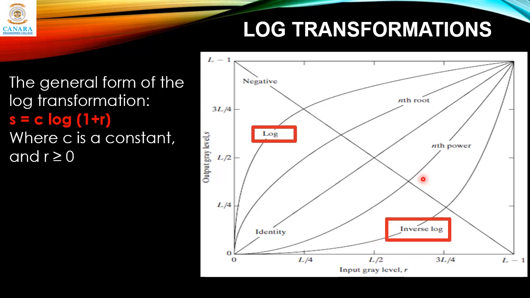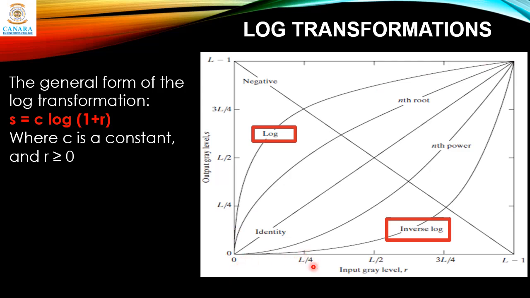And again, if you note here, it is compressing the higher intensities, like anything above L by 2, where x-axis is input. Anything above L by 2 up to the maximum level L minus 1 has this narrow range, only this much is mapped. So it is performing compression for higher intensities while it is expanding the lower range.